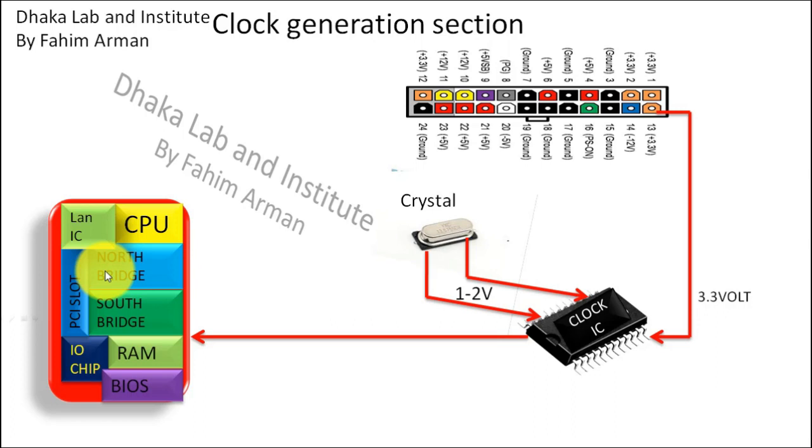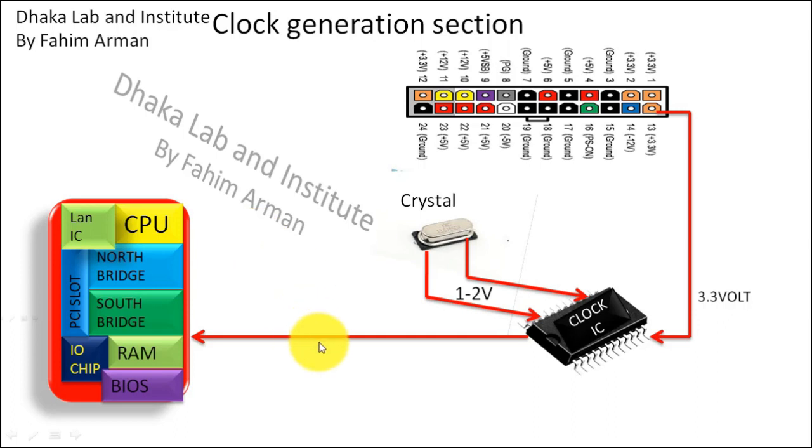And if we are good enough to measure the clock, we have to use a CRO, then we can measure the clock signal. Without a CRO, we can also measure with a multimeter.